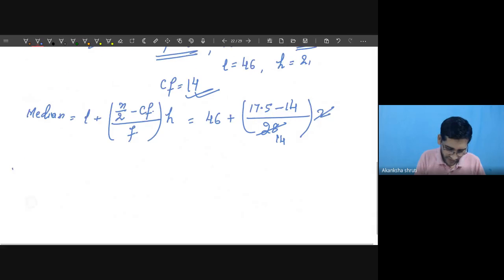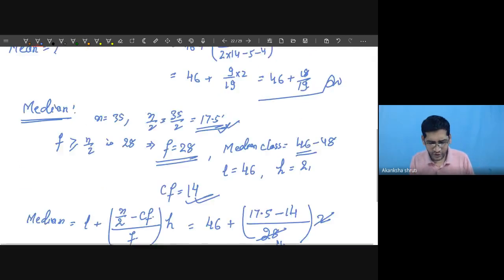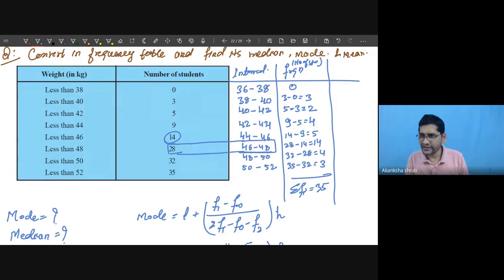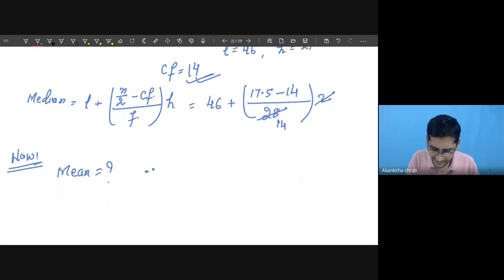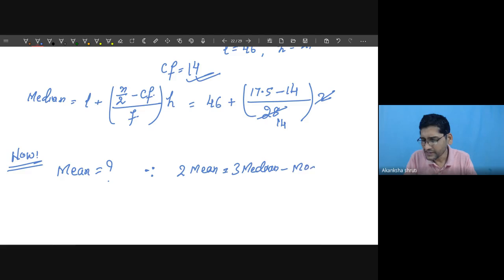Now after this, the mean is equal to what? Shall we write fixi, di like that? No need, students. Now, what is the relation? 2, 3, 1. The 2 starts with mean, median, mode. So we write twice the mean is equal to thrice the median minus 1, which is associated with the mode.